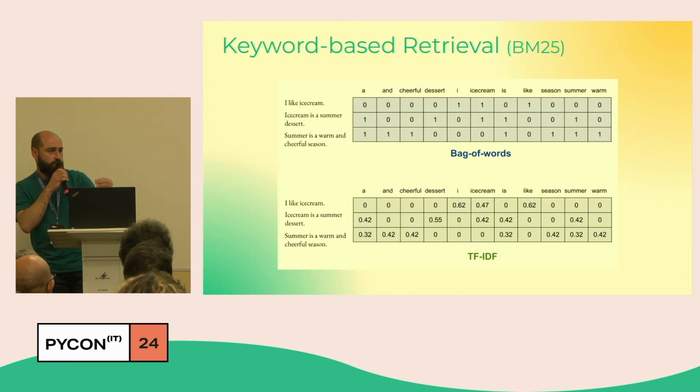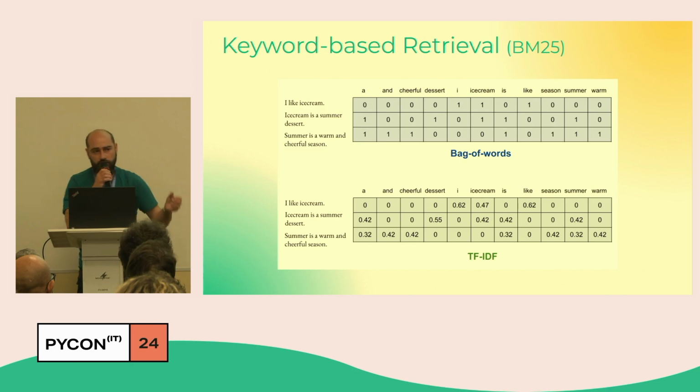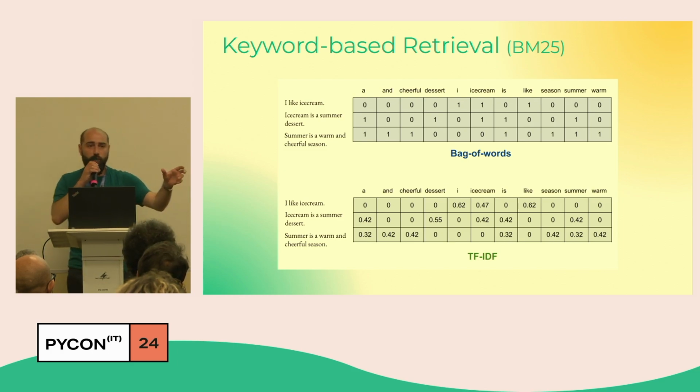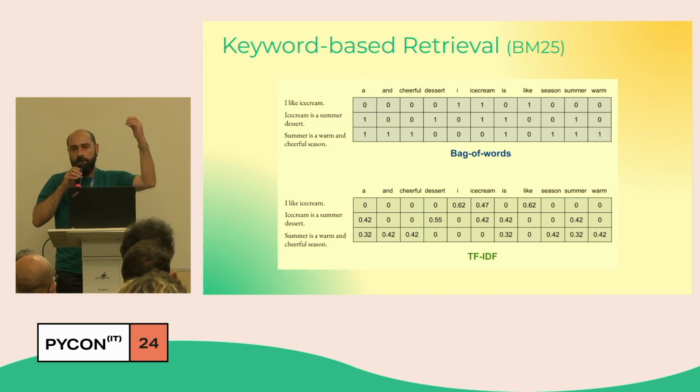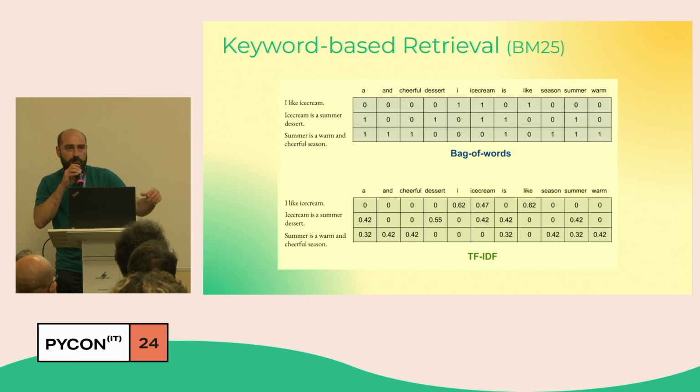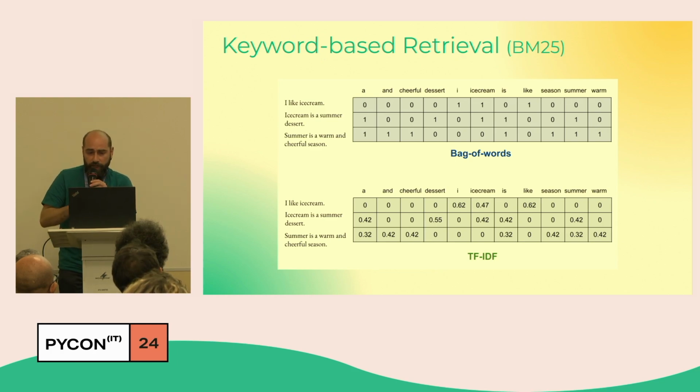And let's talk a bit about retrieval. There are two most common techniques. One is keyword-based retrieval, where BM25 is the most popular technique. Here, the idea is simple. We have a vocabulary with all the words in all the corpus, and each document is composed of a vector of zeros where the word is not present and a number different from zero where the word is present.